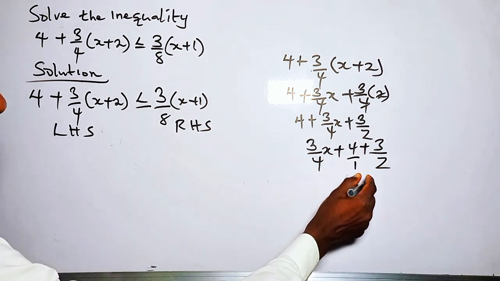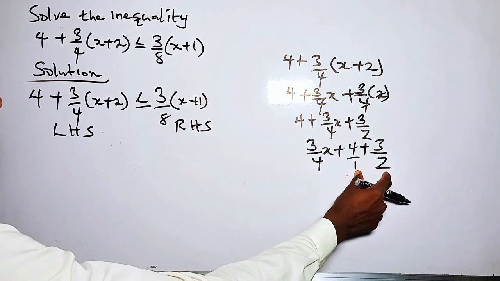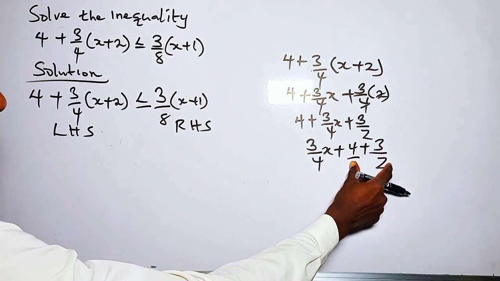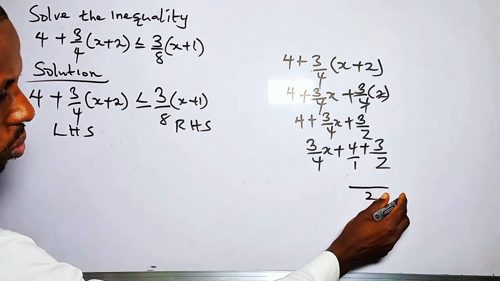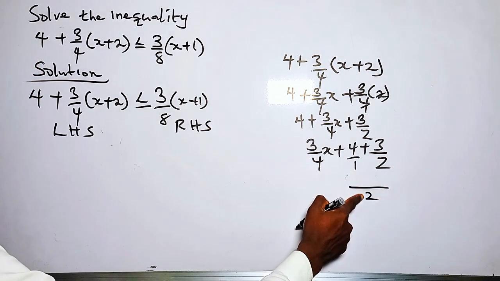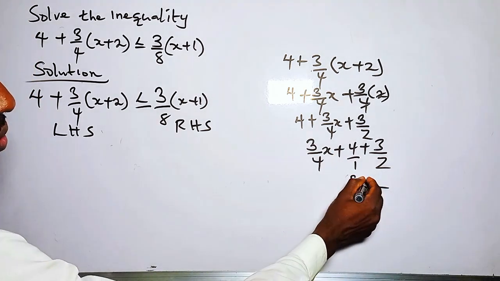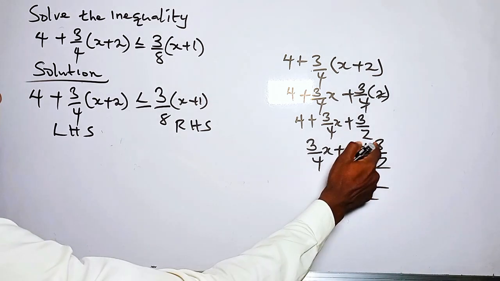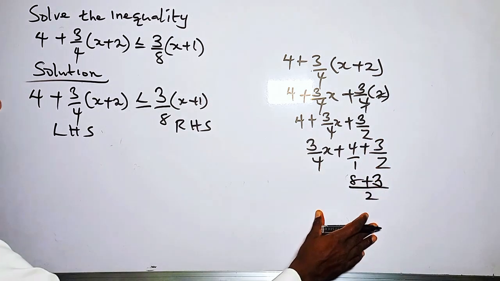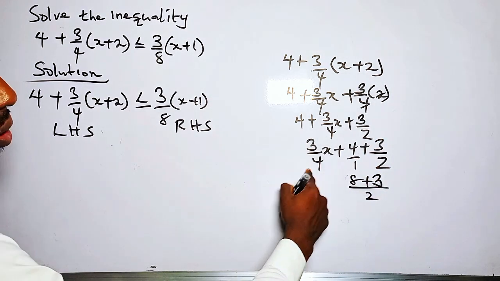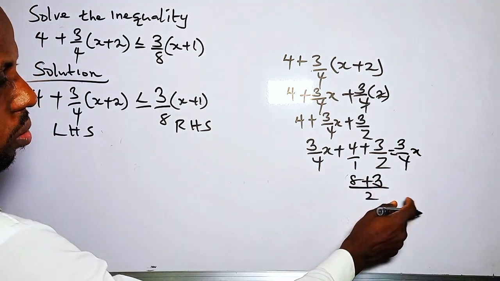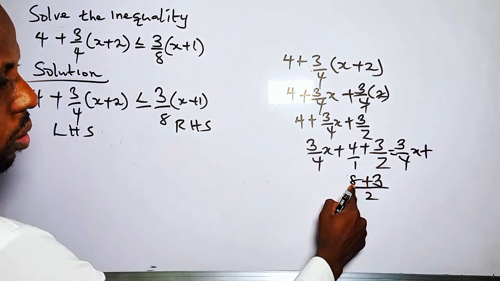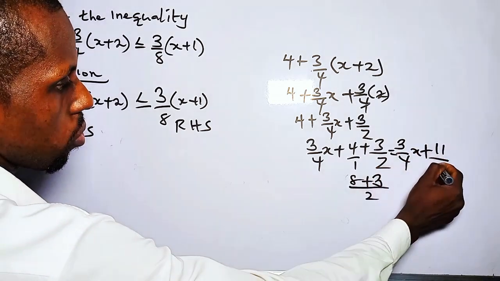So we have 4 plus 3 over 2, and we can work with the LCM of this fraction. We have 2 as the LCM. For 1 in 2 is 2, for 2 times 4 is 8, plus 1 times 3. So here we have 3 over 4x plus, for 8 plus 3, 11 over 2.